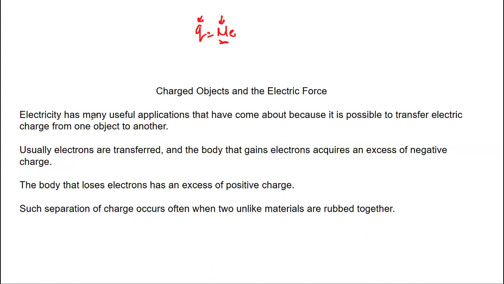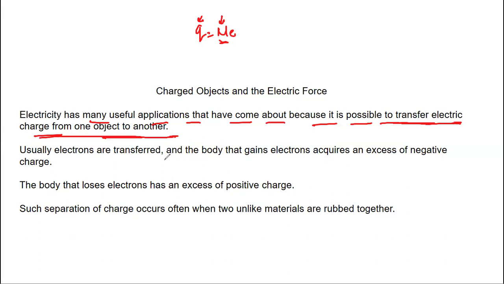Electricity has many useful applications that have come about because it is possible to transfer electric charge from one object to another. Today we can't imagine our life without electricity. It has so many useful applications, and it is all possible because it is possible to transfer electric charge from one object to another.